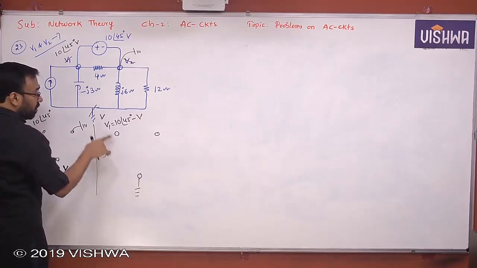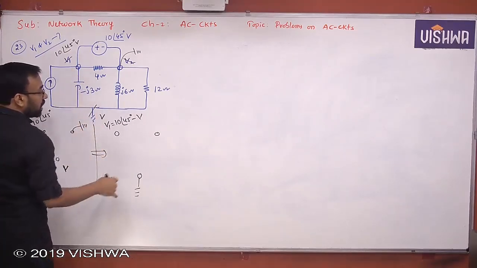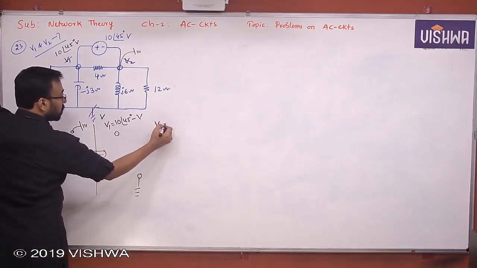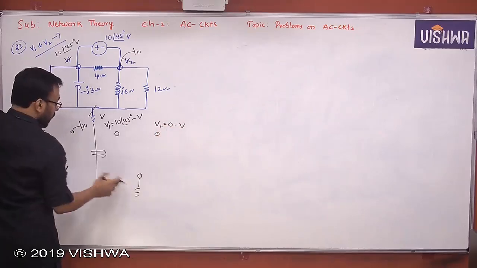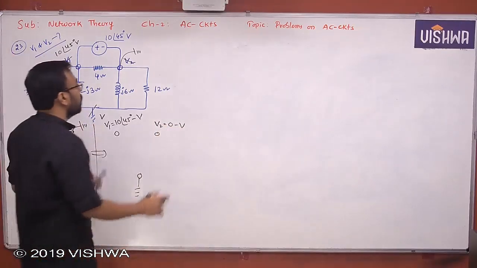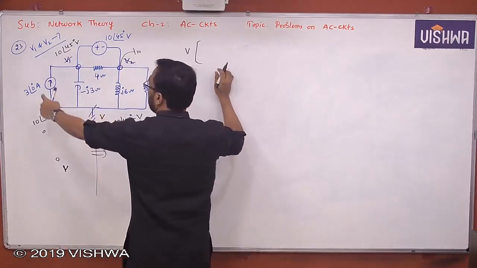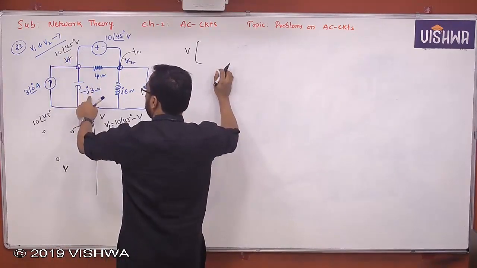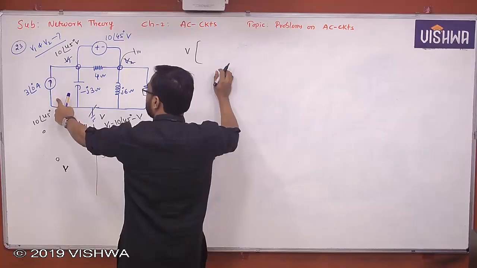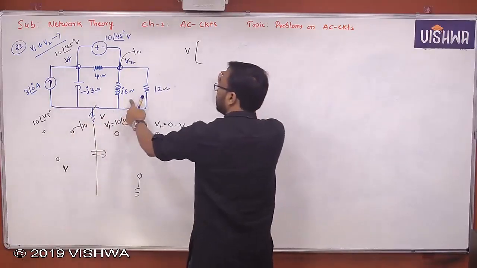Taking this as 0, then definitely you call it V1, which you already defined initially. Then V2 becomes 0 minus V, that means minus of this voltage. Yes or no? So let's find what V is here. So (V minus 10 at an angle of 45) by minus j3, plus 3 at an angle of 0, V by j6, V by 12.